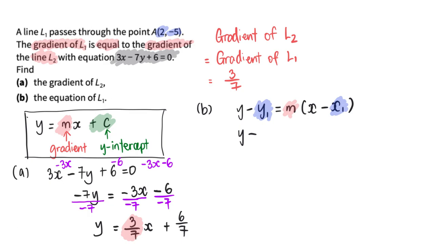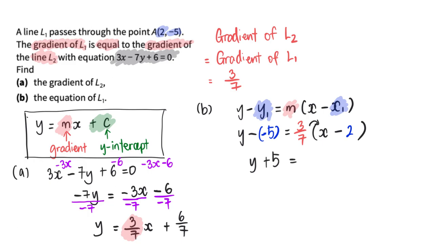So y minus negative 5 equals 3 over 7 times (x minus 2). When I minus a negative number, it is the same as adding the number.